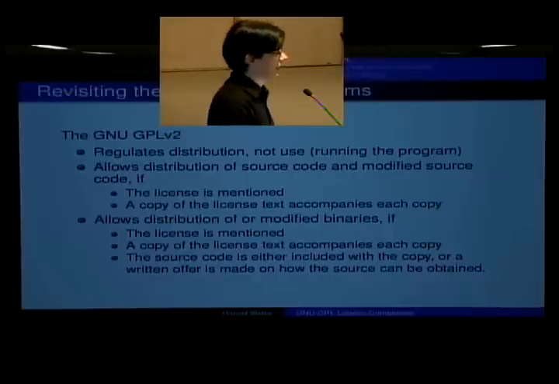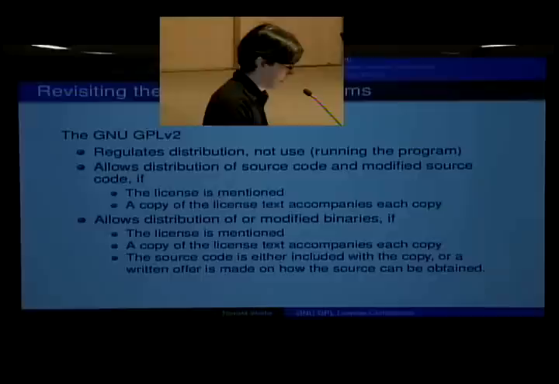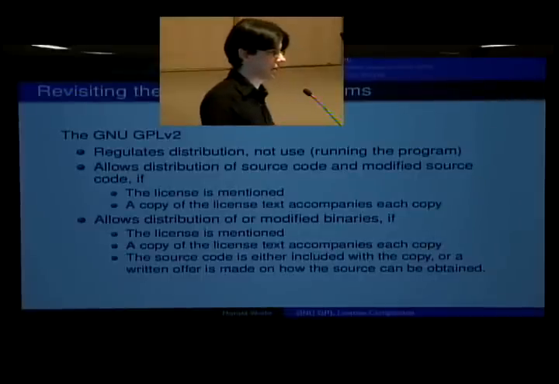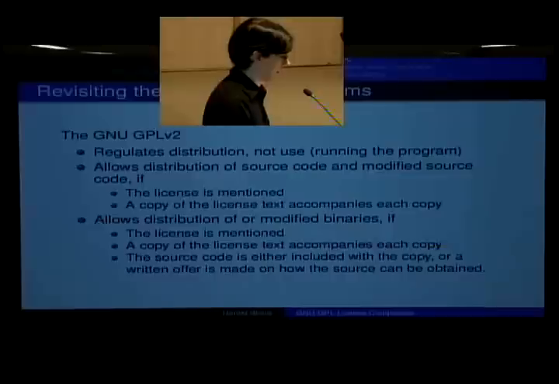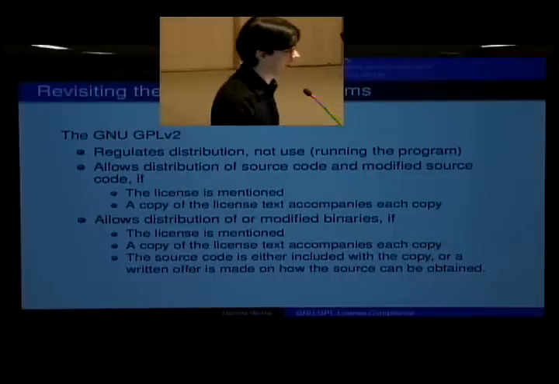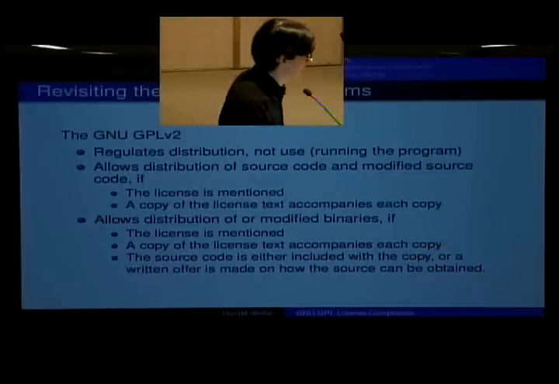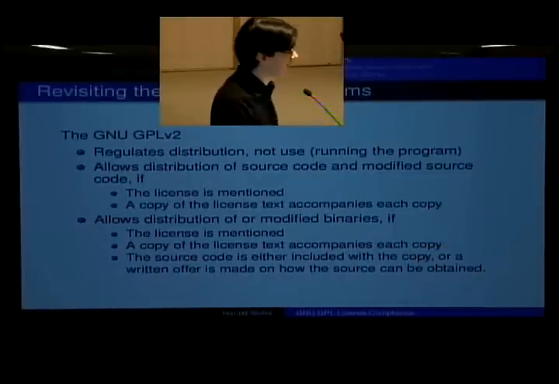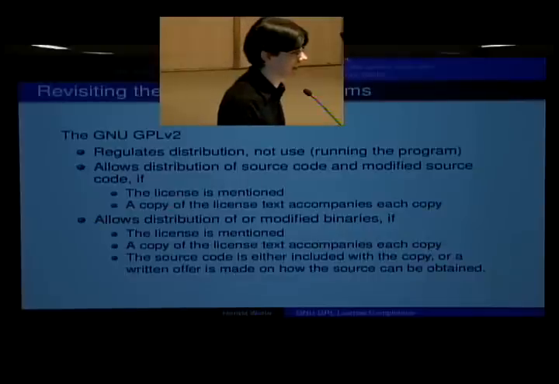And if such distribution happens in binary form, then the source code either has to be included with the binary, or you have to provide what's called a written offer, which is basically a statement saying, if you want to have access to the source code, please write us at this or that address, contact us, and we will provide the copy to you.